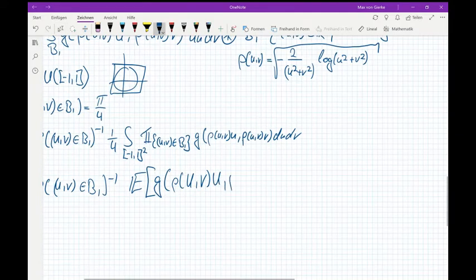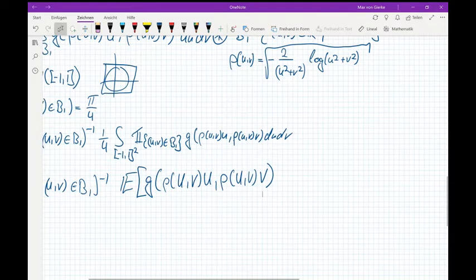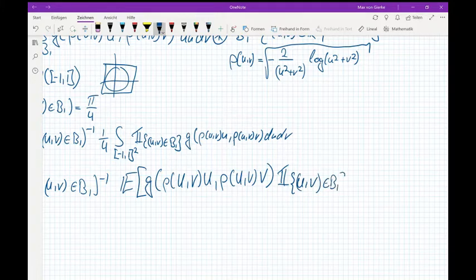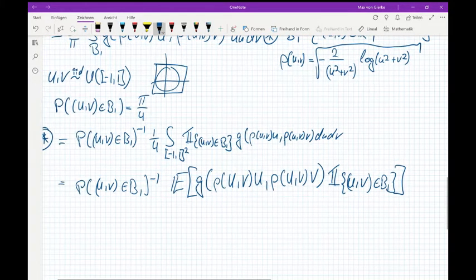Well, we still have our indicator function. I just copy pasted it here. Now observe that this indicator function, this event here, is exactly the event we are looking at here.